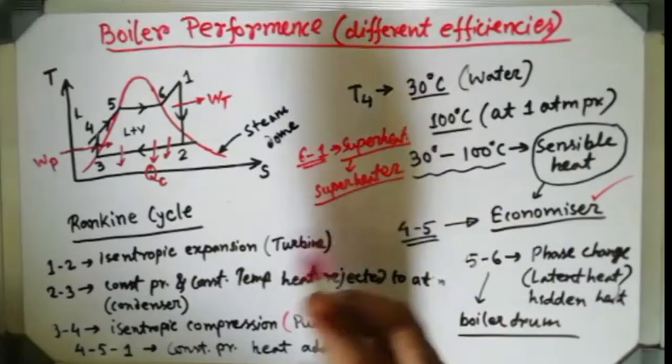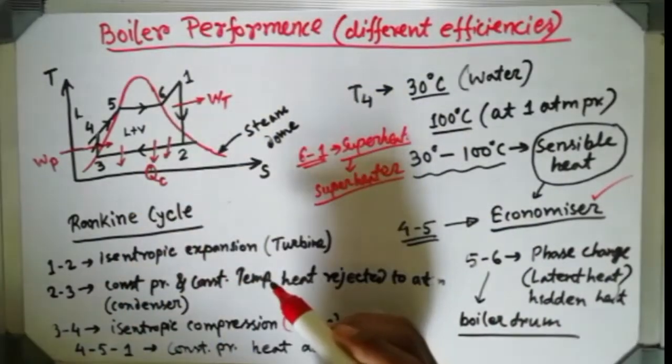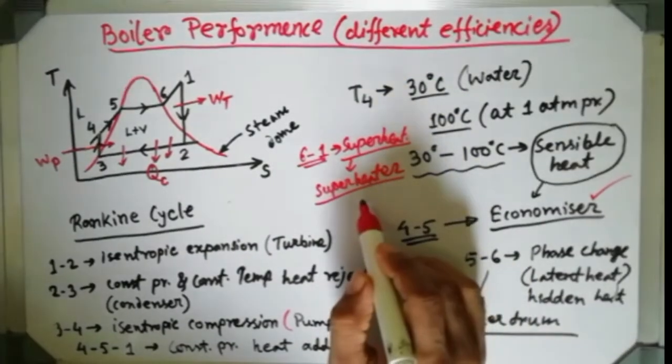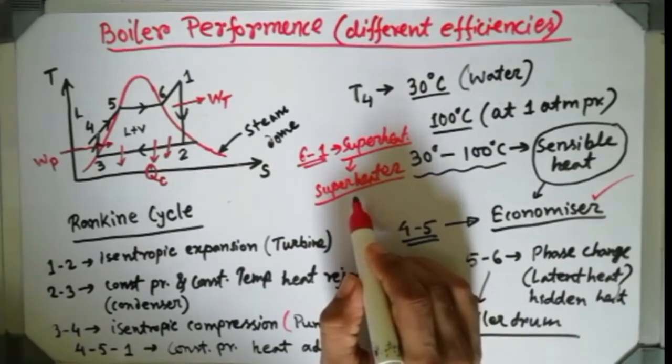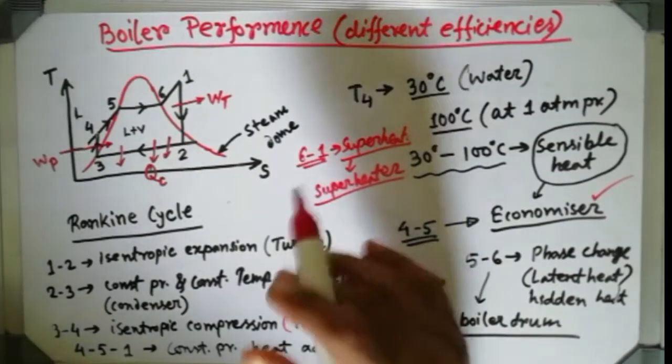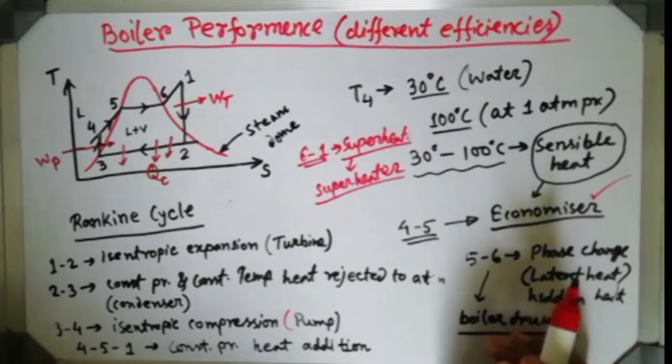So for that 6 to 1 part, the temperature will be increased further with the help of the superheater, and again the superheater will utilize that same heat. Which heat? That heat which is going to exhaust to the flue gas.